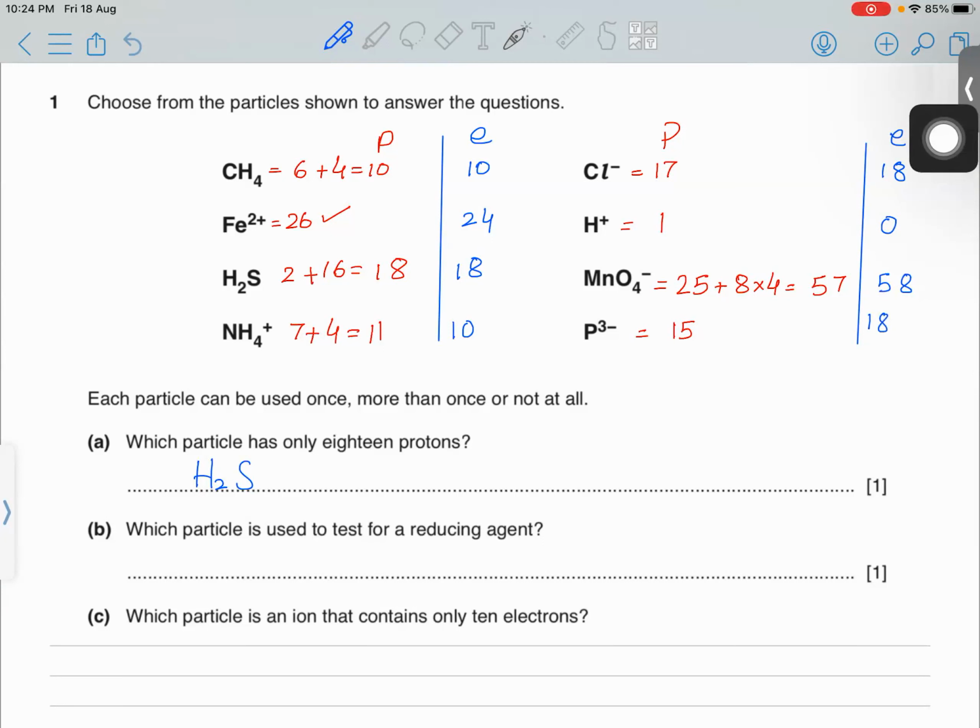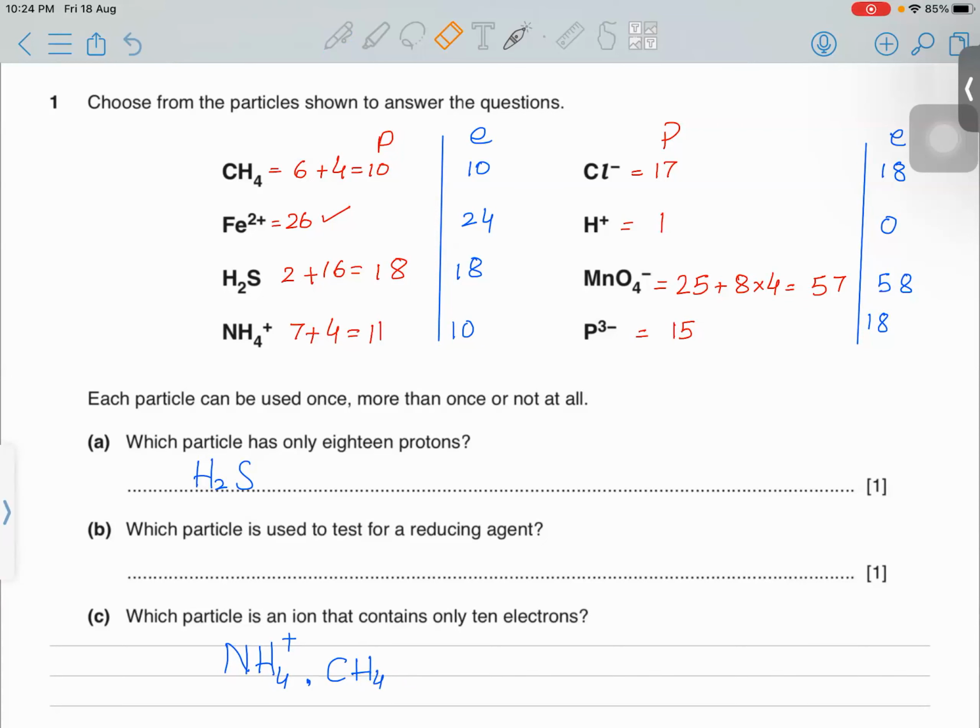So which one has 10 electrons? NH4 plus, and CH4. Only these two.